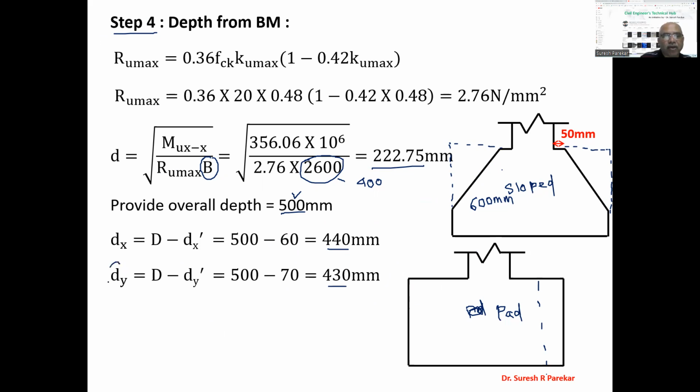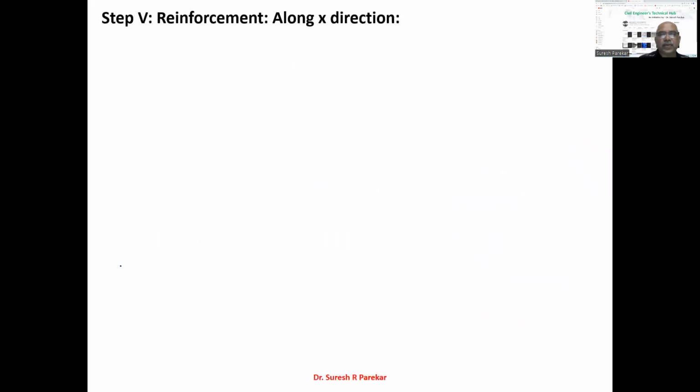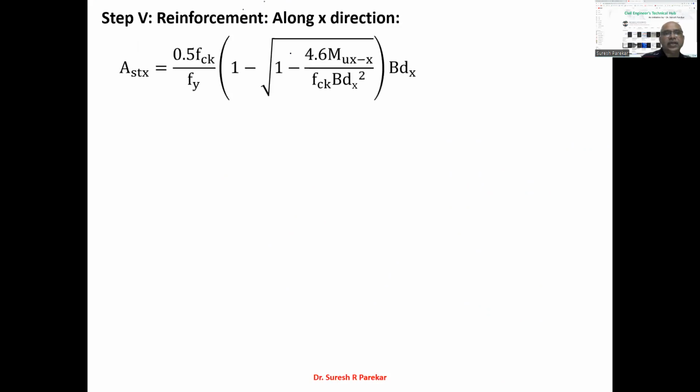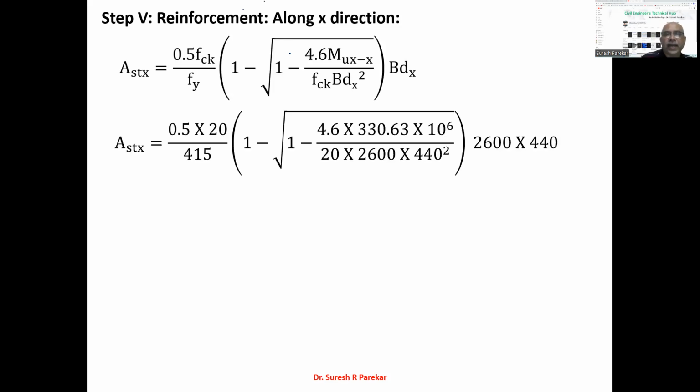So now my value of dy is 430 millimeters. Assuming bar diameter 10 millimeter. Now reinforcement along x direction. So we have calculated it. Now we have the value of B. Here also you can see the value of B, we have 2600 into 440 square.